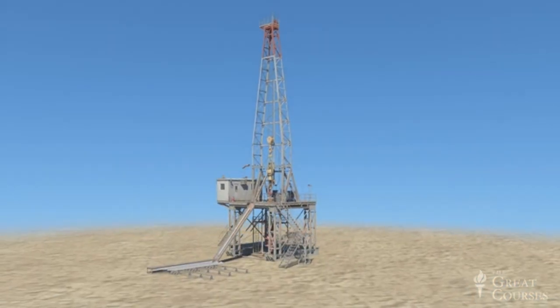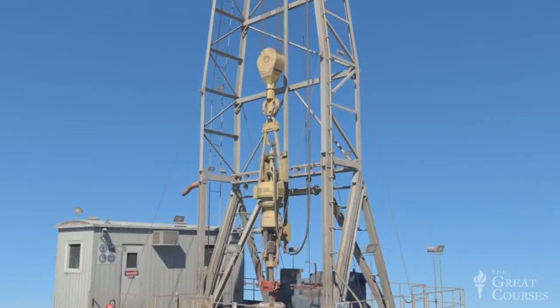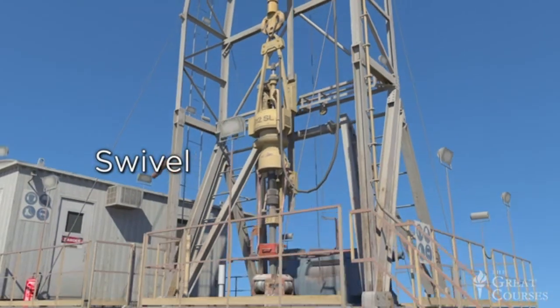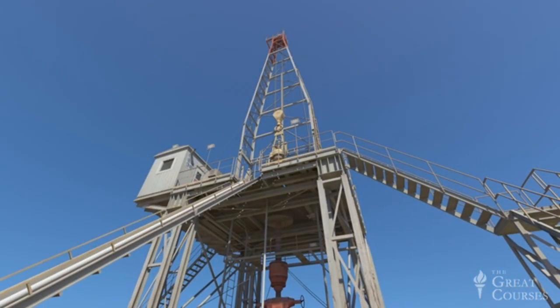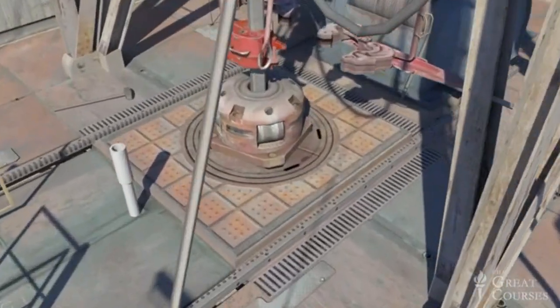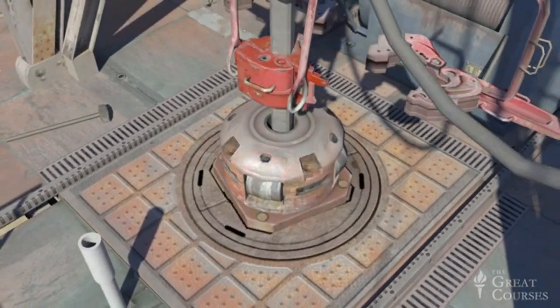The drill string is suspended from this steel tower, the derrick, with a huge block and tackle and a rotating fitting called the swivel. The derrick is tall enough to allow new pipe segments to be added to the drill string as the borehole goes deeper. At the base of the derrick is a rotating turntable, which is set into the deck of the drilling rig and powered by an electric motor.